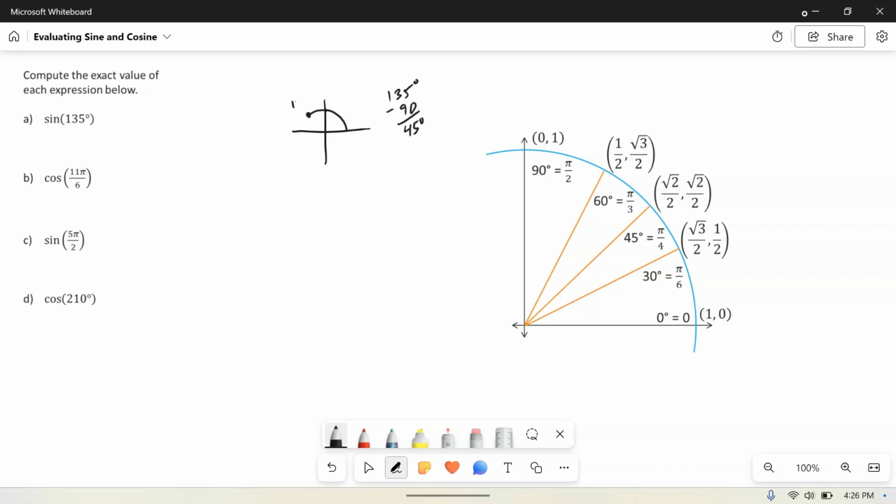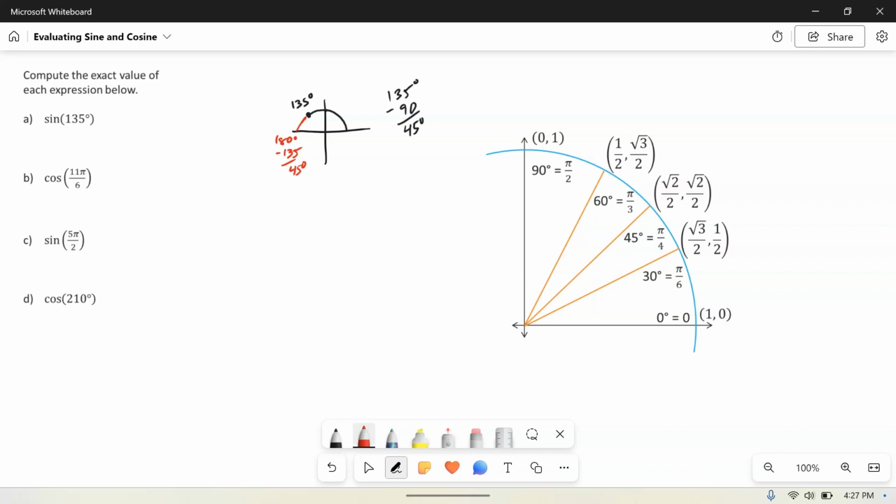Okay, so 135 here. And I then want to find my reference angle. How far is it from 135 degrees to the x-axis? Well, the x-axis is at 180 degrees. So what's 180 minus 135? Well, again, it's 45 degrees. So the 135 degree angle is in the second quadrant, and it has a reference angle of 45 degrees.